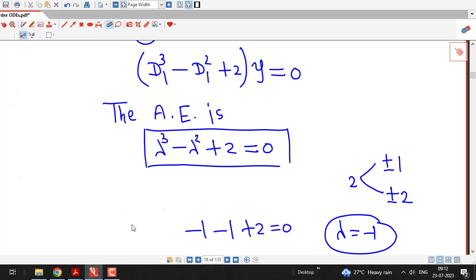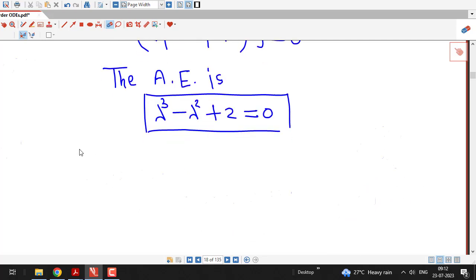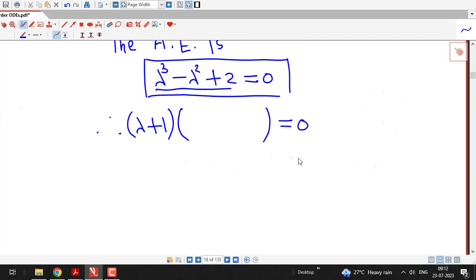Therefore lambda equal to minus 1 is one solution of this auxiliary equation. Therefore one factor of this left hand side will be lambda plus 1, and in the bracket we will have a polynomial of second degree that we have to obtain by using synthetic division.